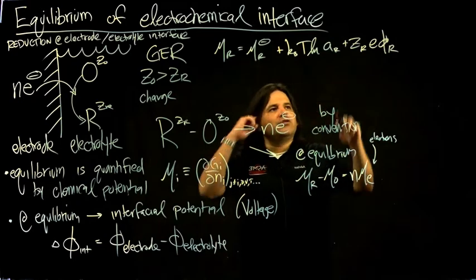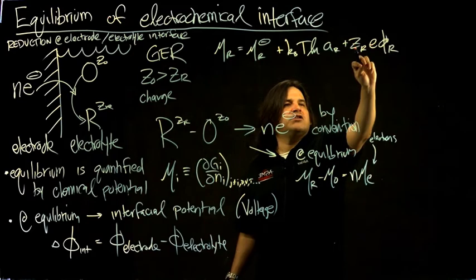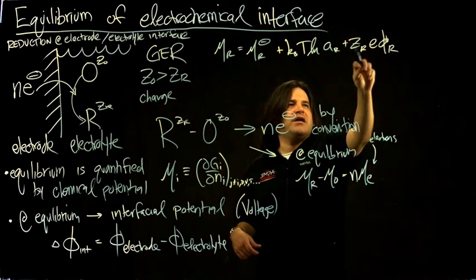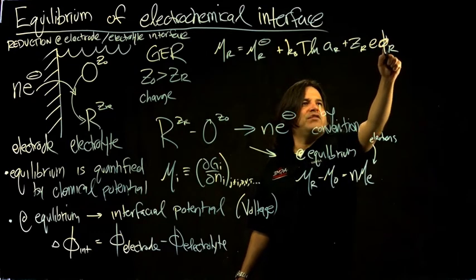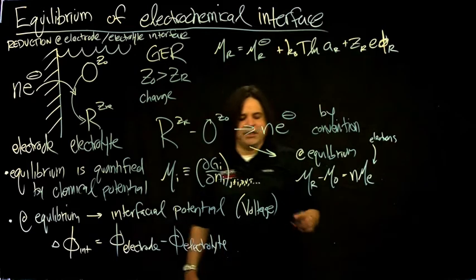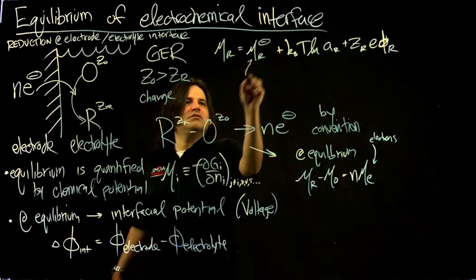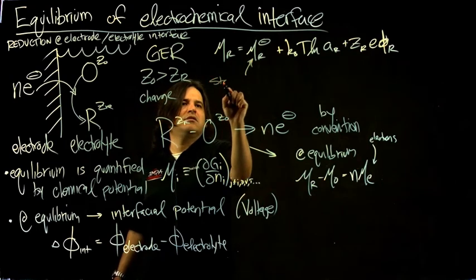So it's proportional to the charge of one electron times the number of charges that you have, and whatever electric field voltage is set up. So this would be a standard chemical potential that you can relate to Gibbs free energy, or you can find from a table.